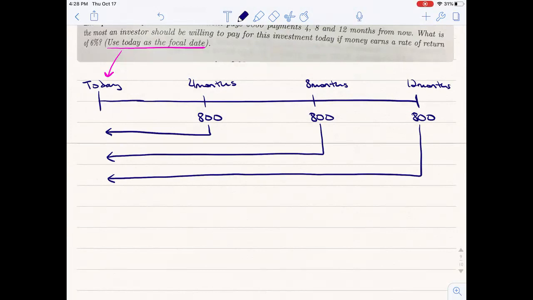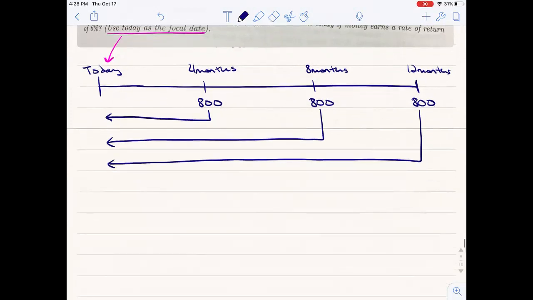Each of these arrows are going to be some principal amount, right? And because I've got P, P, and P, I'm going to just put little subscripts on these just to indicate which one is which. And so I've got P1, P2, and P3. You can call them P4, P8, P12 if you want, right?